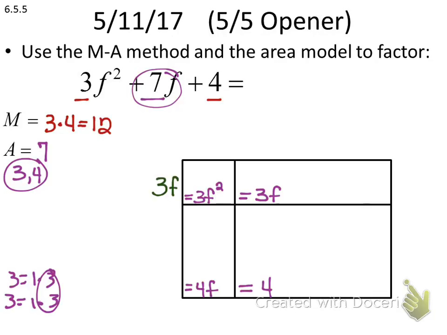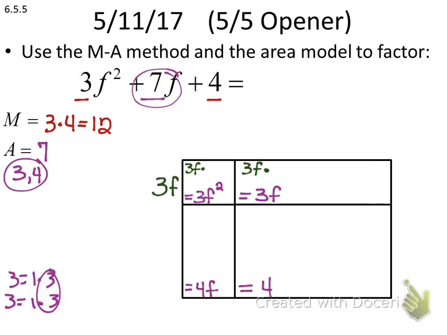Once you know the height and the total area of a rectangle, you're able to find your width. When you write in your formula in your section, always do your height, then your width. So we're going to write our height first. So 3F times the number, 3F times the number.